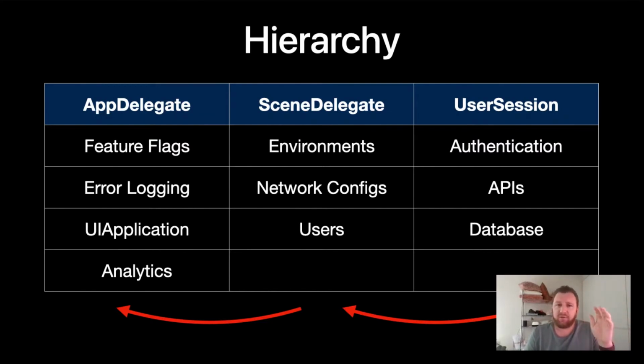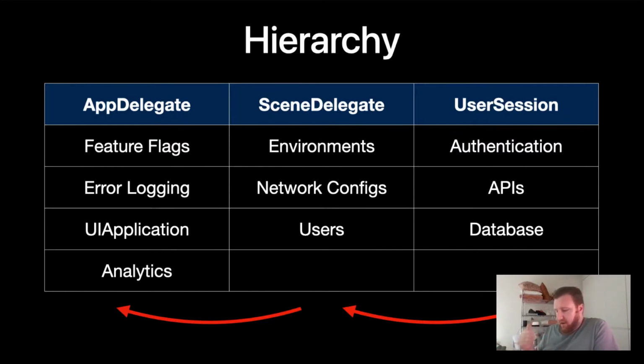If you want to wrap UI application and be able to pass that without accessing UIApplication.shared, you could have a UI application protocol, and then you can mock those out and pass those through easily. That exposes the UI application instance to the rest of your application without you having to import UIKit everywhere or to access the singleton directly. Another global one is things like analytics, stuff like that.